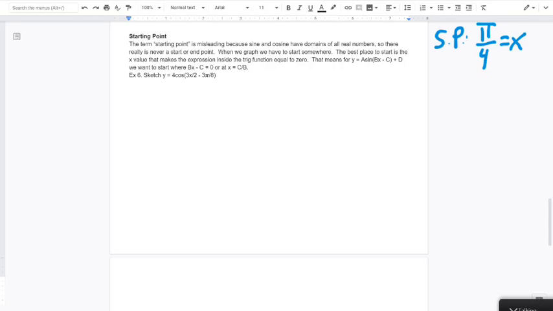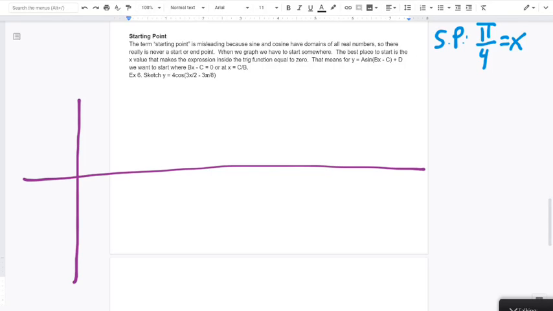Now everything else we're going to go about in a similar way, except when we get to the increment, we're going to do something slightly different, because our starting point is no longer at 0. So there's our x and y axis. There's no shift up or down, so our x axis is also going to be our sinusoidal axis.